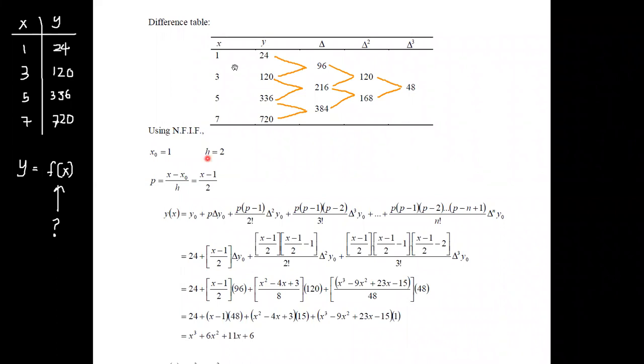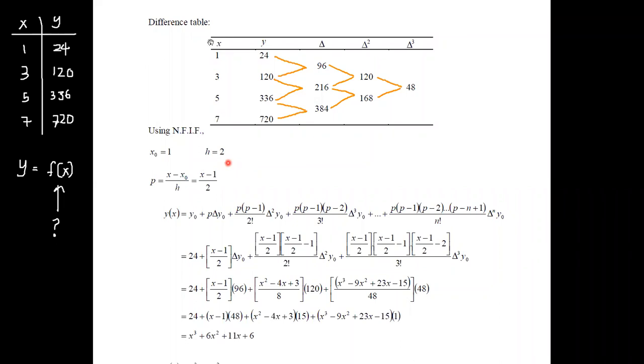According to the given set of values, the very first value that we can see in the column x would be considered as the value of x naught. What we are saying is, it is the initial value of x. And the value of h can be obtained by taking the difference between any two consecutive points here. 3 minus 1 is 2, 5 minus 3 is 2, 7 minus 5 is also 2.